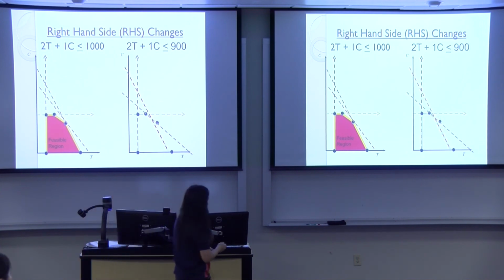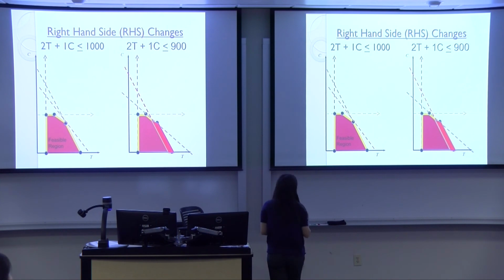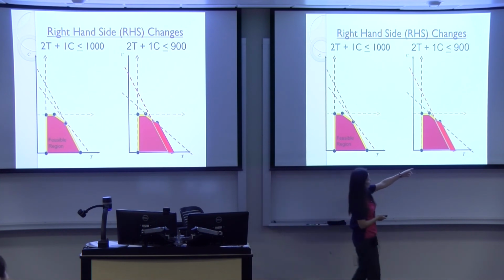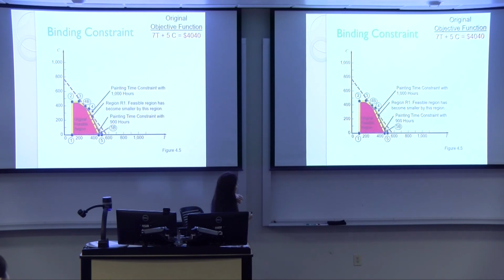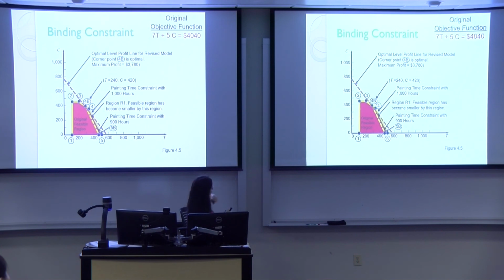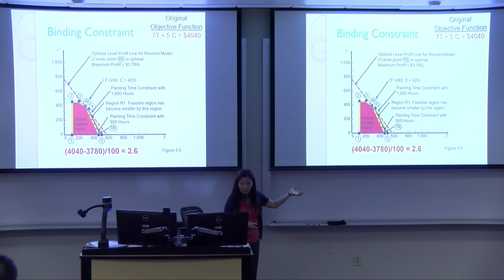So this is the loss of the feasible region, and then you find the new optimal solution, which is 4B here, and the new optimal profit is $3,780. Calculating per hour how much the profit decreases, it should be the same, 2.6.